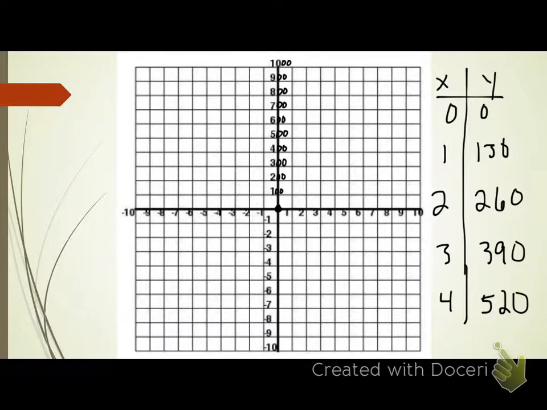So I'm going to go right 1, up 130. 2, 260. 3, 390.